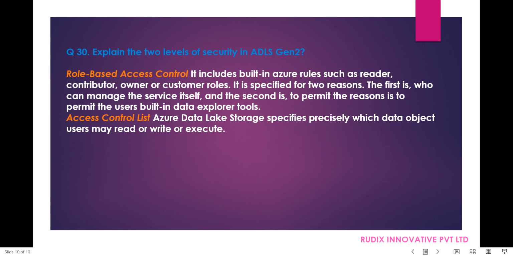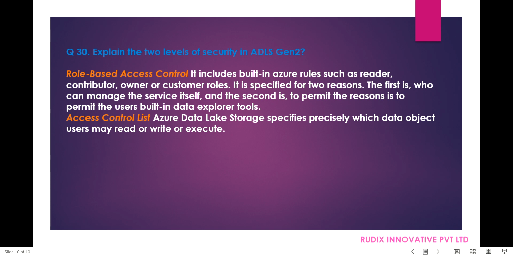Explain the two levels of security in ADLS Gen2. There are two levels: one is role-based access control, and the other is access control list. Role-based access control includes built-in Azure roles such as reader, contributor, owner, or custom role.